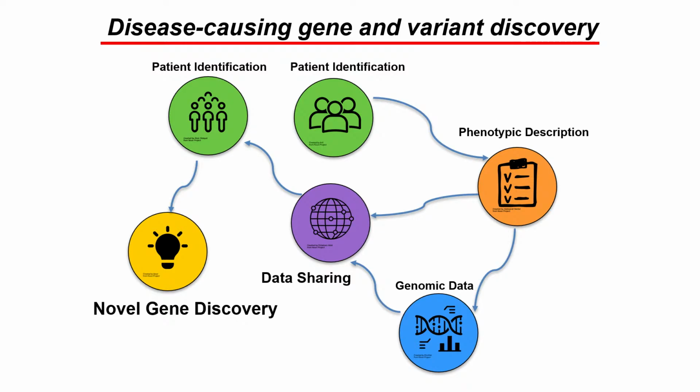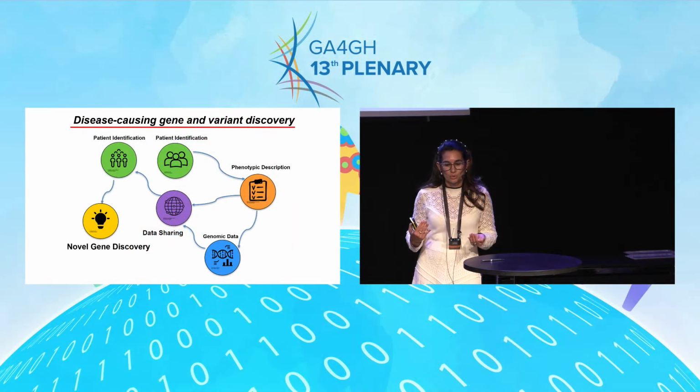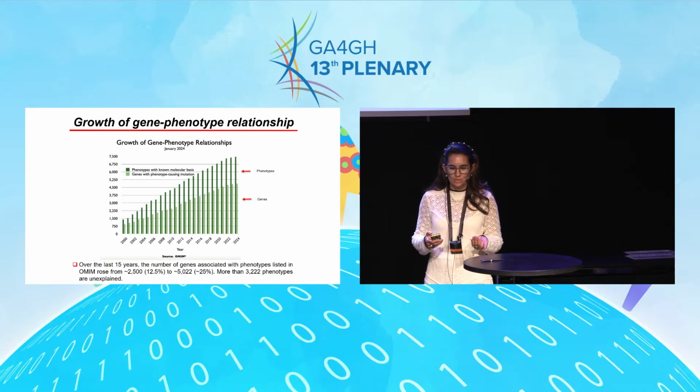Basically, we would identify the patient. We would have the phenotypic description as detailed as we could. Then we put together the genomic data, and we would share that data to find more patients and find the evidence that we needed for the discovery of the novel disease gene. So that is our recipe that we have been using for the last 15 years as part of these projects.